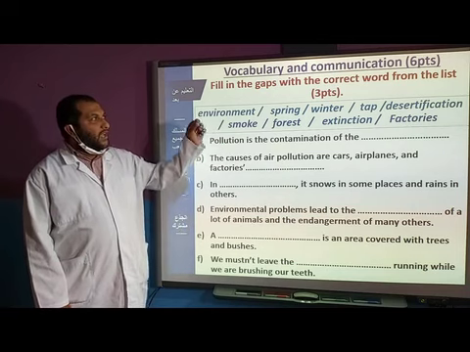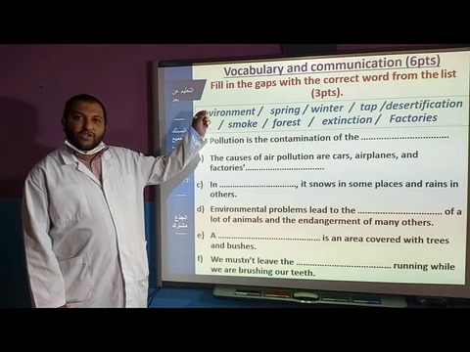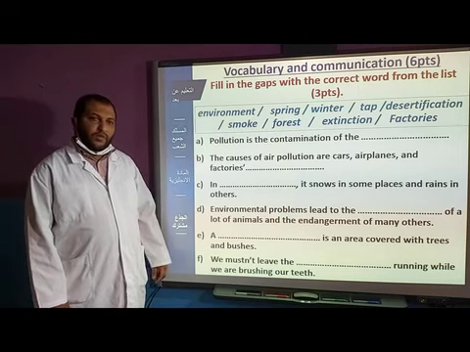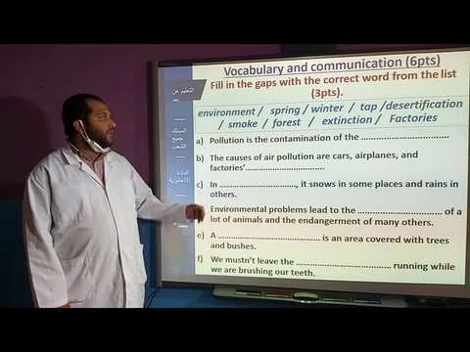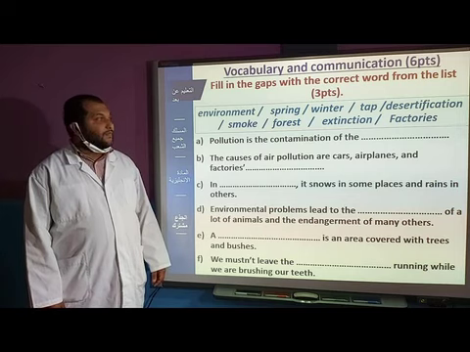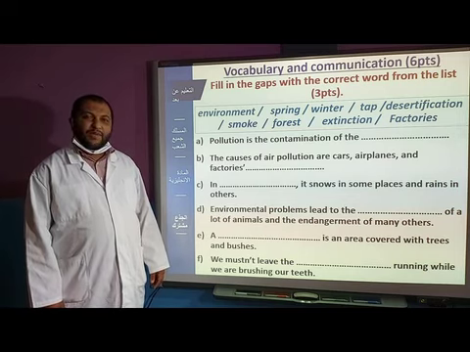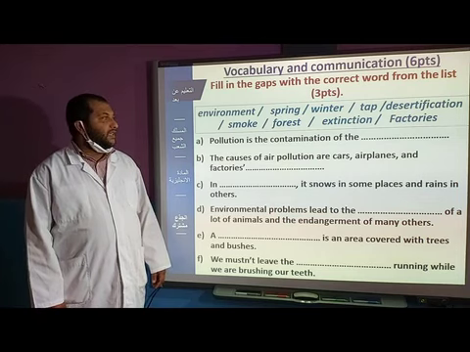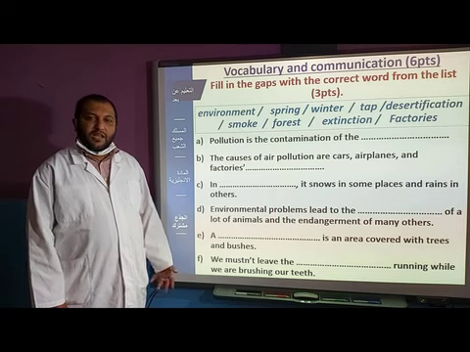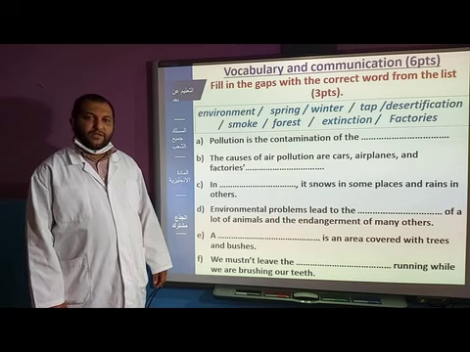That's why we have in the question to underline and to pick up the correct word. So please be selective. The words are the following: environment, spring, winter, tap, deforestation, smoke, forests, extinction, and finally factories.